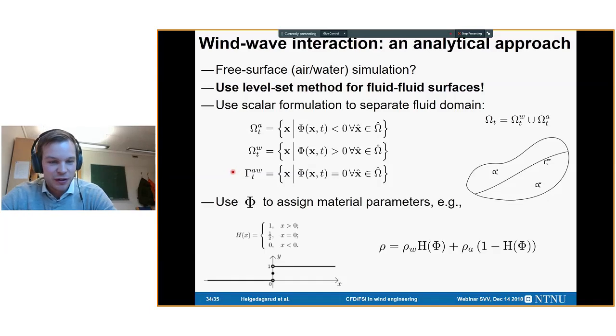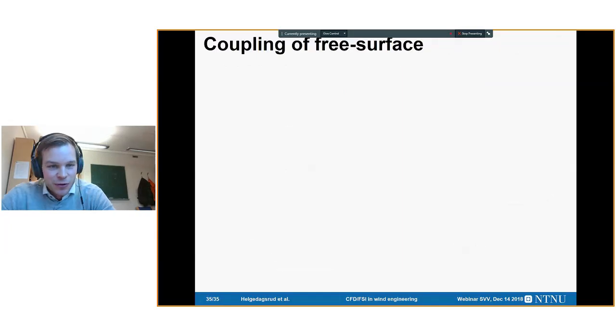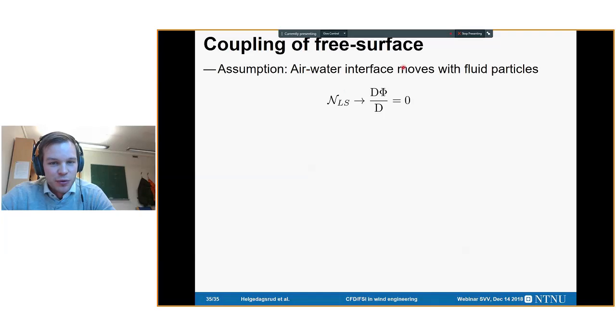And we then use the Heaviside function to assign the material parameters. So say if you're negative, you get the density and viscosity of air, and if you're positive, you receive the water parameters. But how to determine this function phi? Well, if we assume that the air-water interface moves with the fluid particles, it can be given mathematically as the convective derivative.